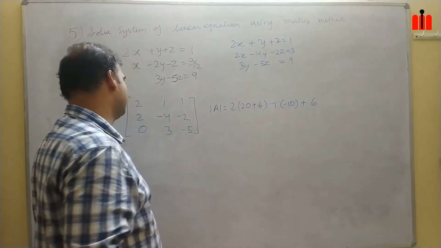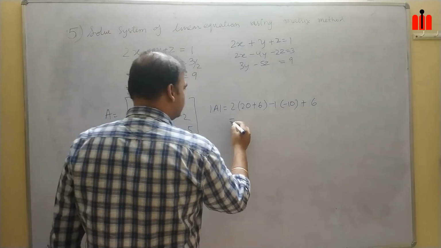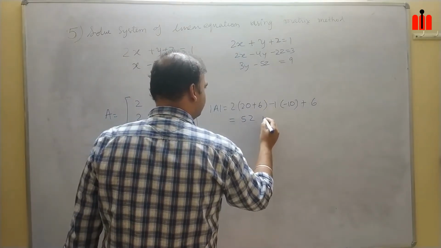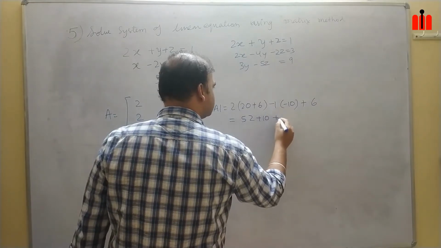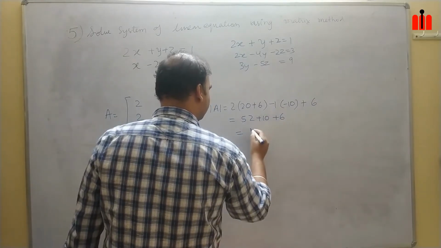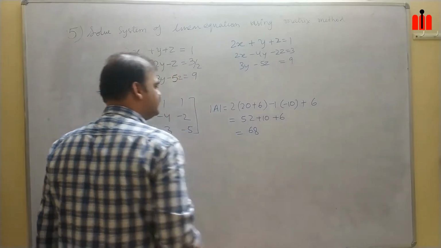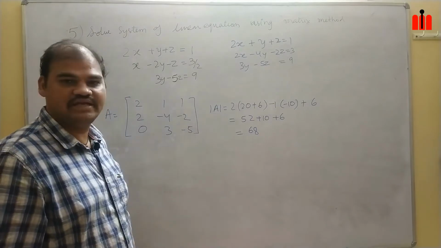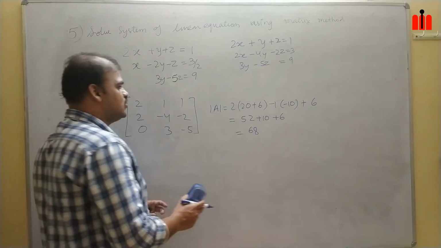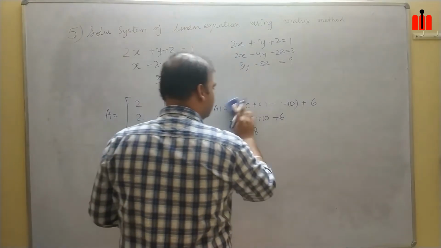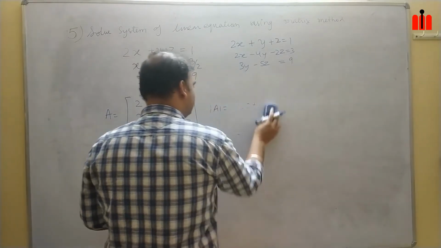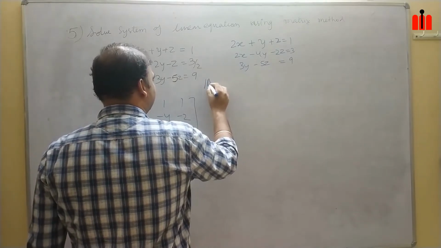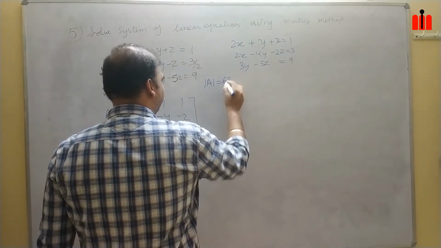So it is 2 into 26, which is 52, plus 10 plus 6. 52 plus 16 is 68. So the determinant is 68. I will keep this value somewhere over here: determinant of A is 68.